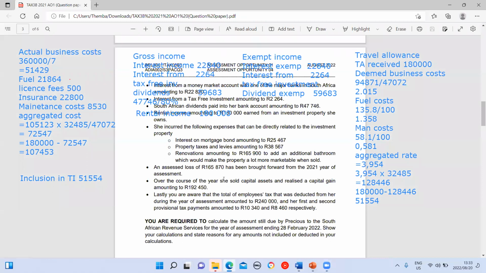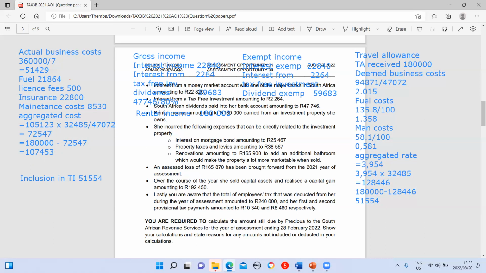Now she incurred the following expenses that can be directly related to the investment property. So these are expenses related to the property on which she was carrying on a trade, which is revenue in nature. Since she incurred these expenses, we should distinguish if they are in the production of income or they are just adding to a capital structure, as I discussed in the slides which I produced.